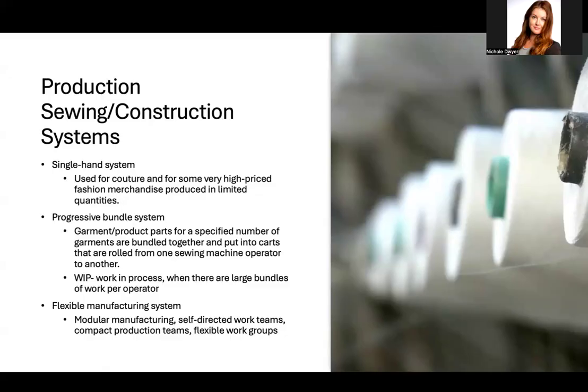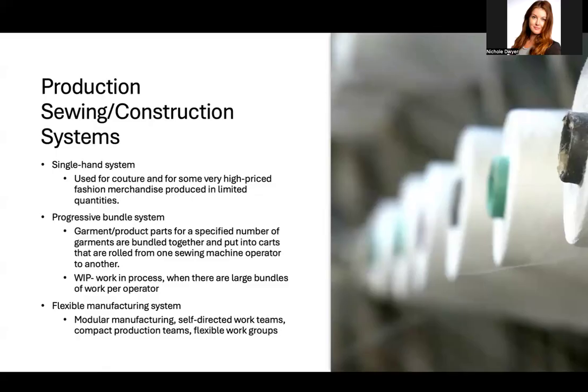So when you have large bundles of work per operator, this is how they are tracked, and this is what equates to the cost of labor when you break down your order contract with a particular production facility.